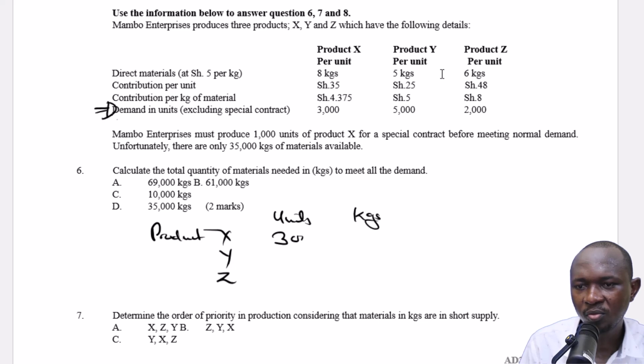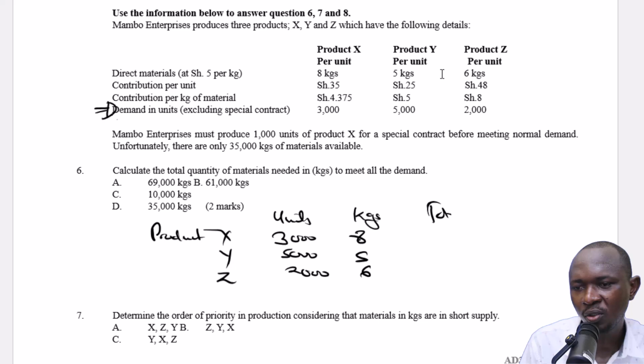How many units will be required for X? 3,000, for Y 5,000, and for Z 2,000. How many kgs are in 1 unit of X? 8 kgs, then 5, then 6 kgs.